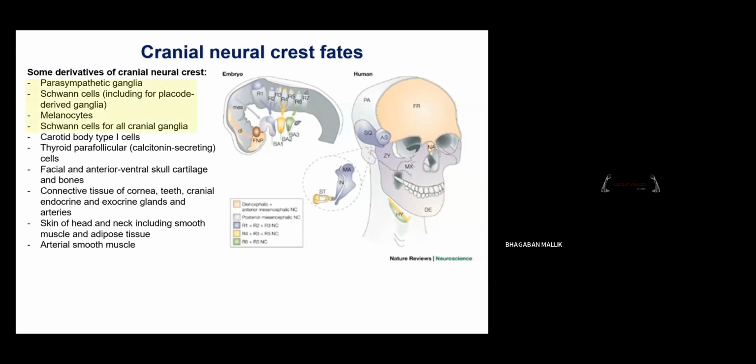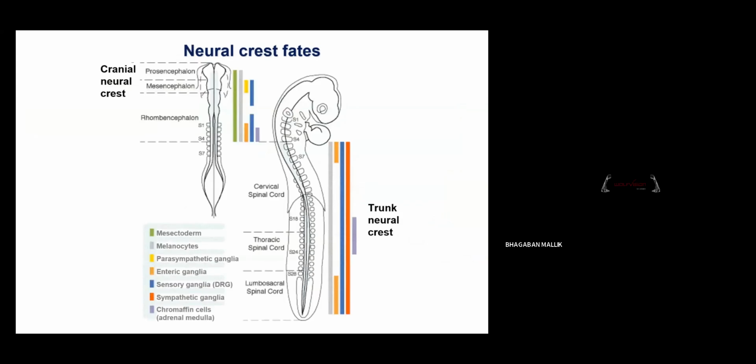So I have shown the different types of cells that the cranial neural crest forms, like the melanocytes and the Schwann cells. So what are the fates for the neural crest? As I talked about, the cranial neural crest forms the anterior portion of the nervous system, and the posterior portion of the nervous system is formed by the trunk neural crest.